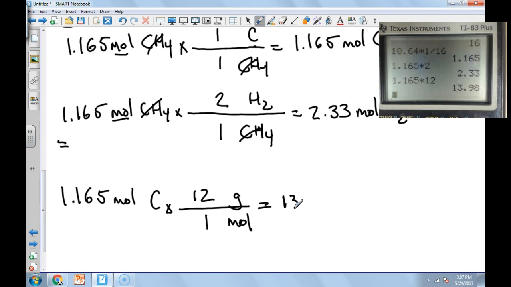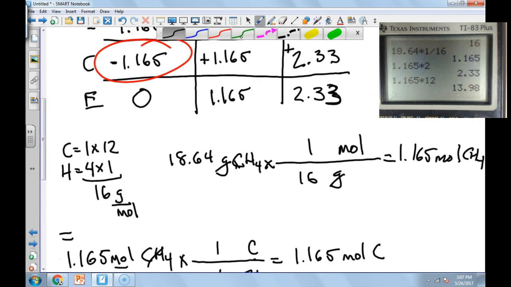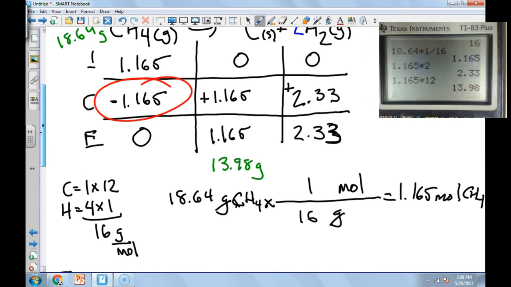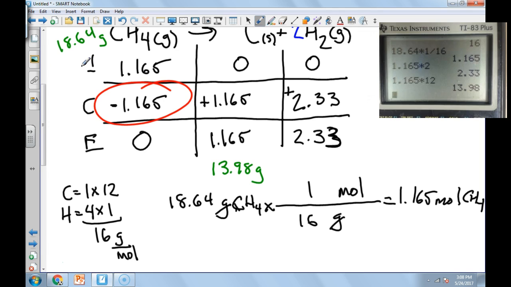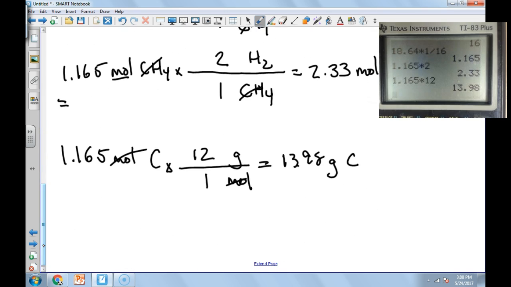So that's 13.98 grams of carbon. Moles cancel. We're left with grams of carbon. Units are our friend. And so now, just below, I'm going to write 13.98 grams. Because it's not part of the ICE chart, just like this mass isn't, because ICE charts are only done in moles. Okay? Now we do the same thing for the next one.